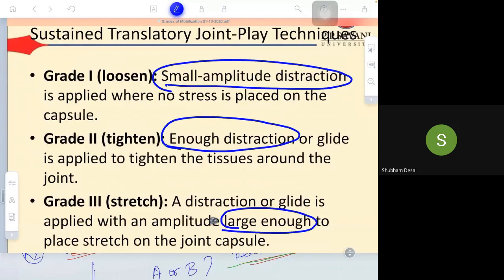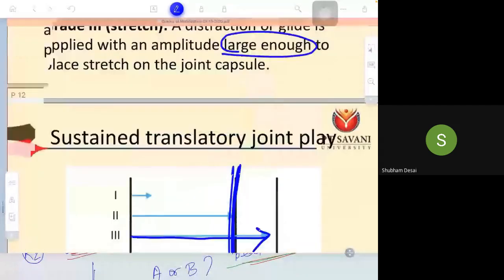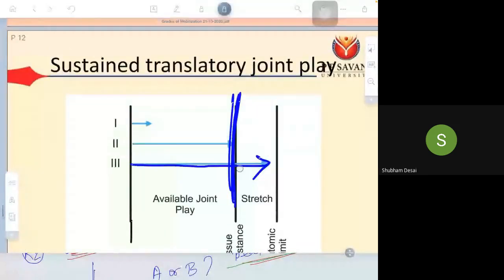Clear? And what is distraction? We already discussed. Any doubt? Are you clear with this lecture? Yes or no?